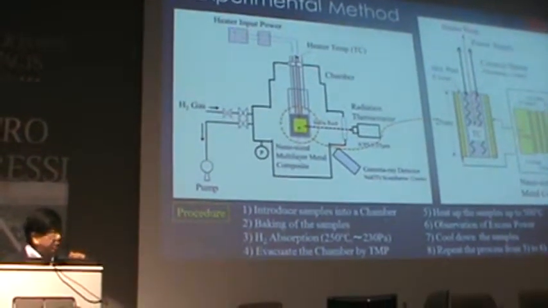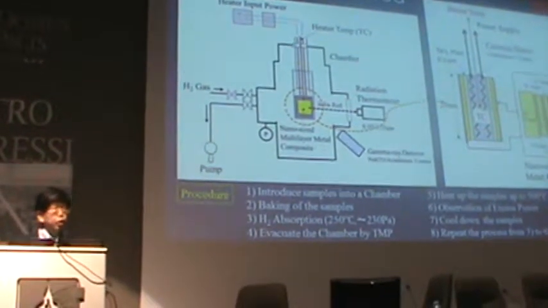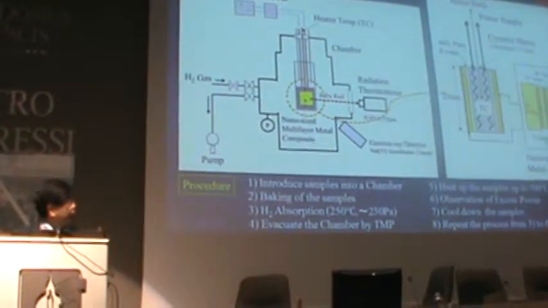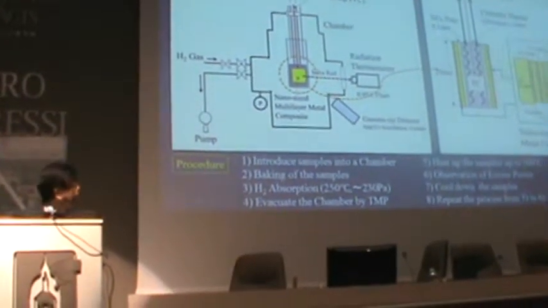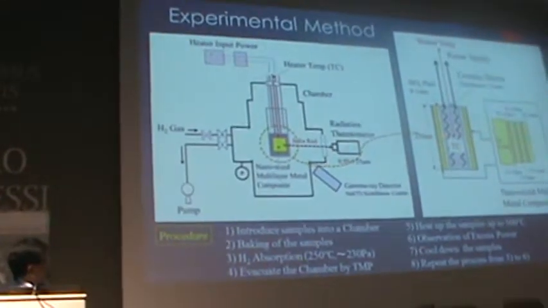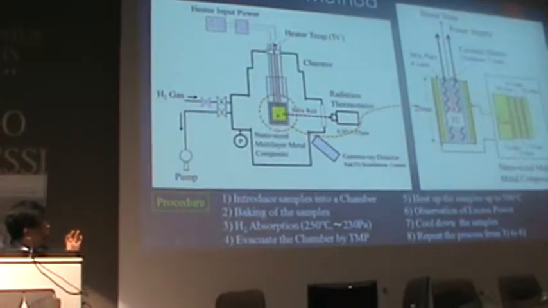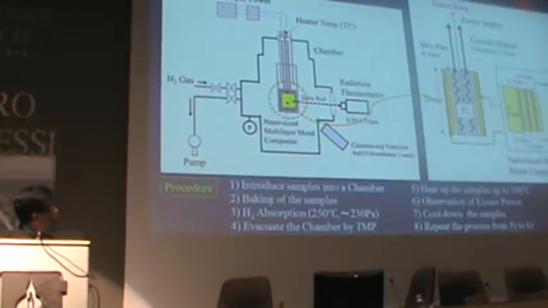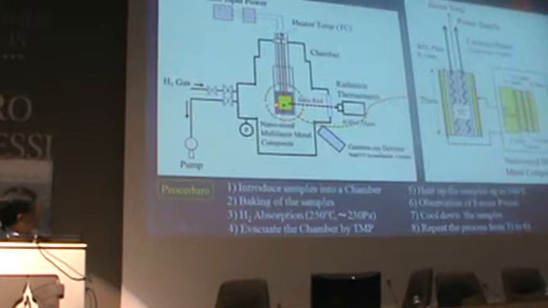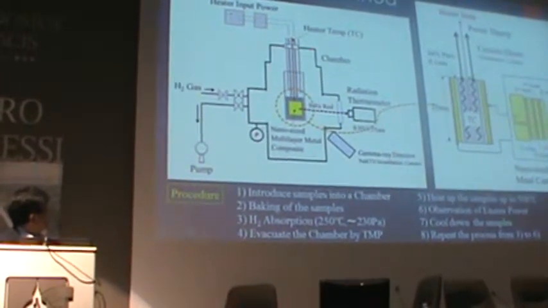And in the center, we have a ceramic heater to heat up this nanosized multilayer metal composite. And we trigger the reaction using this heater. And this module is located in the center of the vacuum chamber here.